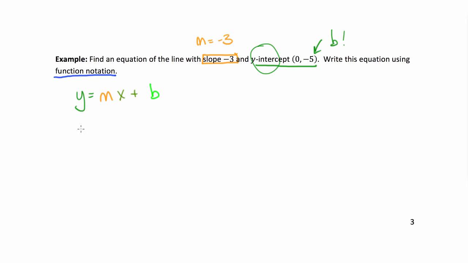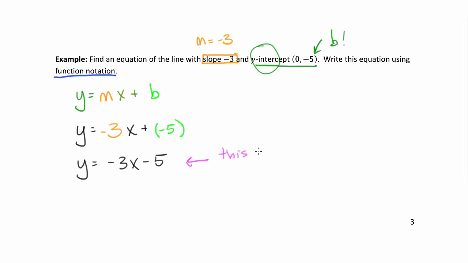So my equation is just going to be y equals -3x plus my y-intercept, which is -5. So I really should then simplify this a little bit to y equals -3x minus 5. And now this is my equation. So this is like what we had talked about before. So this is an equation for the line.